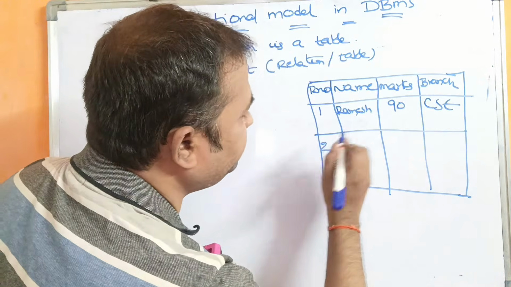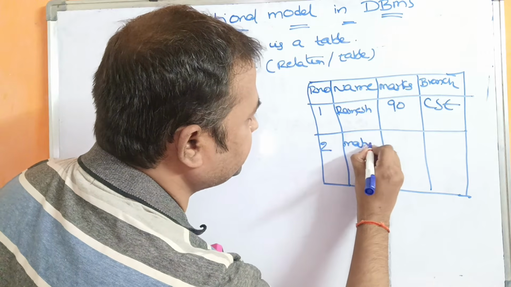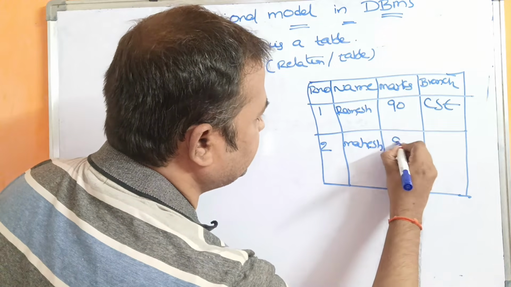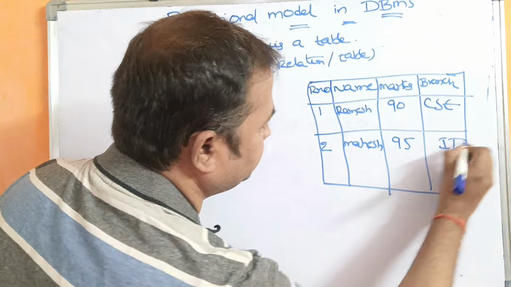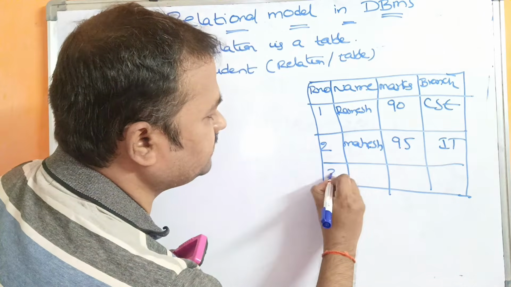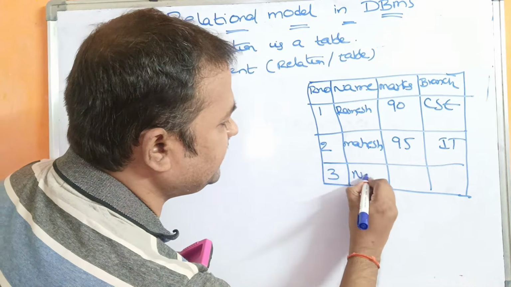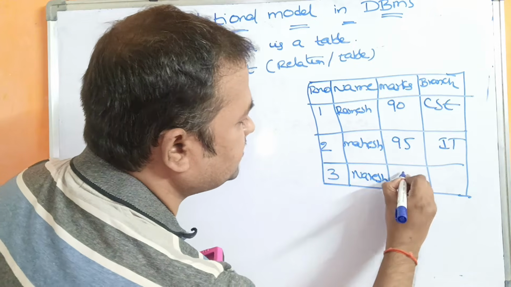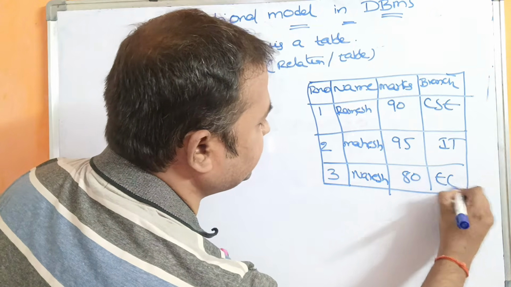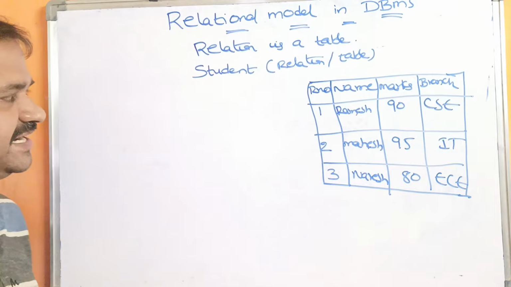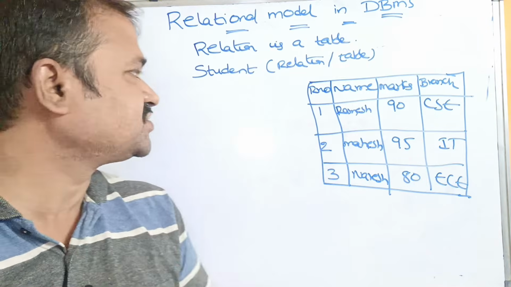Next, second student information: Mahesh, marks 95, branch IT. The third student: let the name be Naresh, marks 80, branch ECE. So this is our relation. The name of the relation is student.